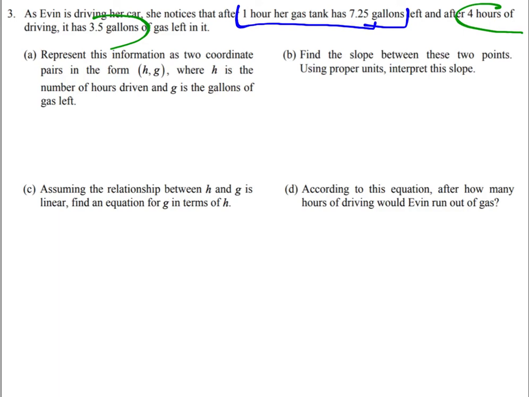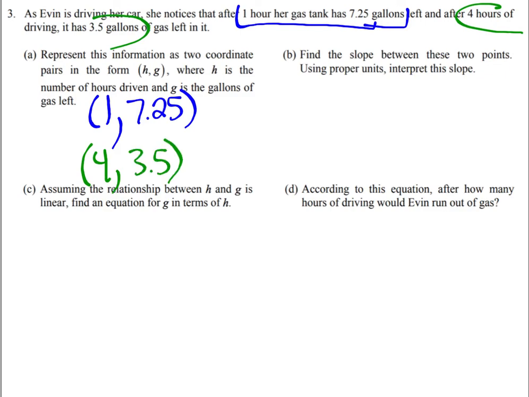Let me switch back. 1 hour, we have 7.25 gallons, versus after 4 hours, we only have 3.5 gallons. So we should definitely recognize that it's going down. All right, so for the slope or rate here, well, we went up 3 hours. We used the car for 3 hours, but we went down. Let's see, how much did we go down?